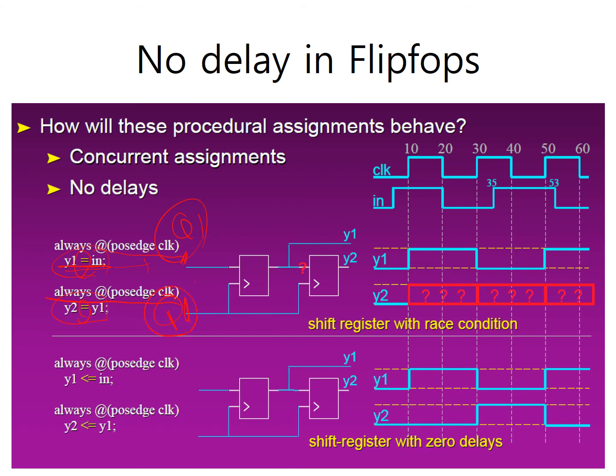So without any delay description here, these two separate always statements evaluate at the same time. Input is updated to y1 at the rising edge, but y2 also takes y1 to reflect it. But all these events are happening at the same time, right? So we cannot distinguish this flip-flop operation.